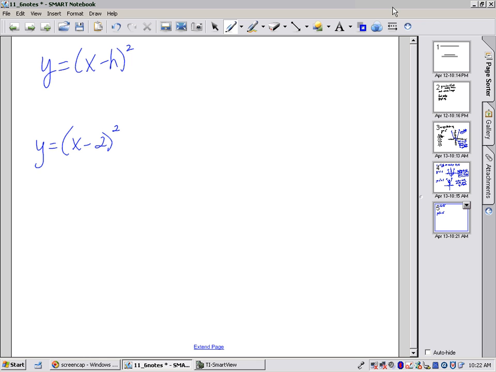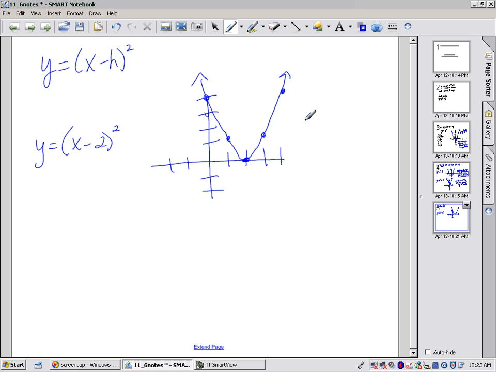So this one shifted everything over 2 units, so to (2, 0). And again, hopefully you'll have a better graph than me, but the vertex point is (2, 0).